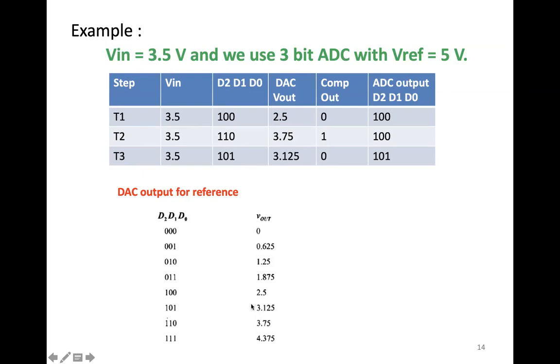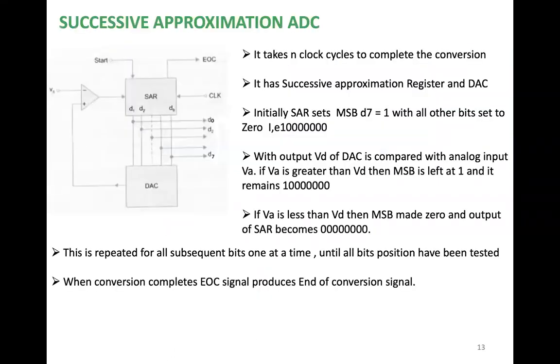It is not changed because this is greater. That will change only when Vin actually becomes smaller. So this is how the approximation works with the SAR.